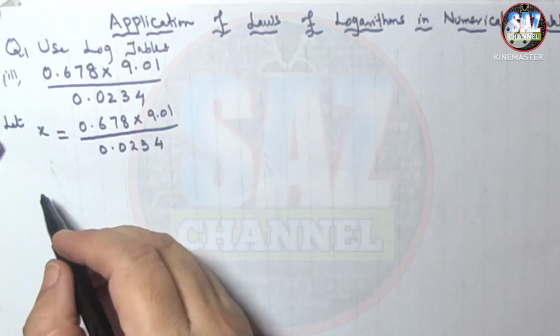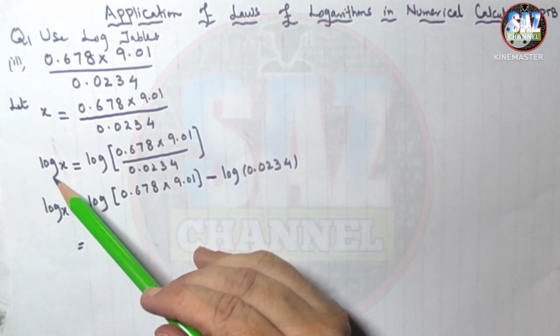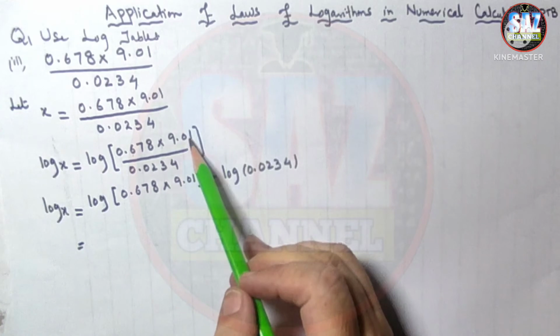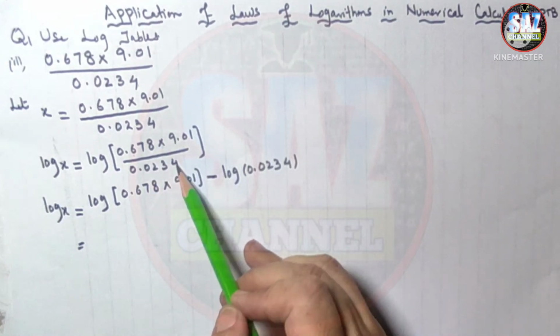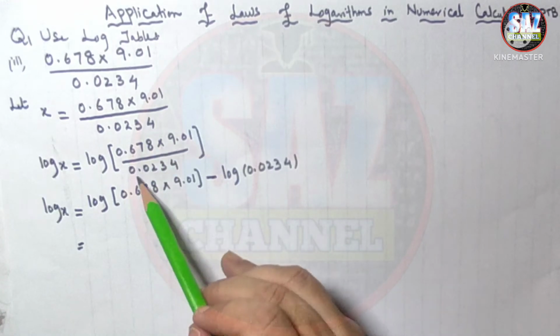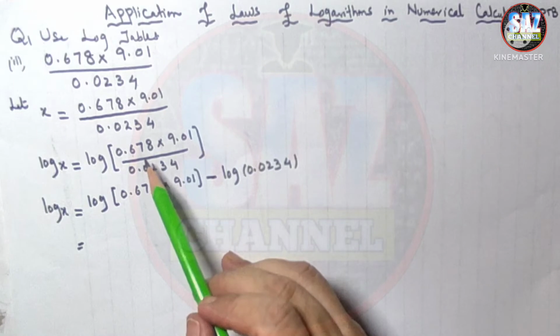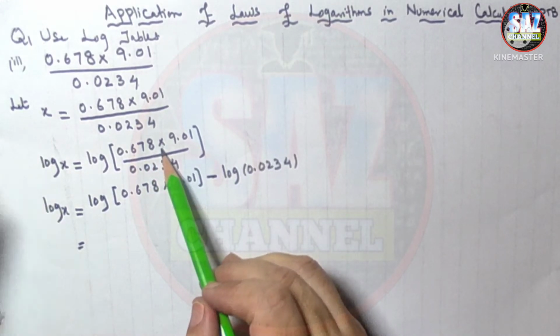Now we have to take log on both sides. Log of 0.678 multiplied by 9.01 upon 0.0234. Then the question is in the form of a fraction, so we have to apply the properties of log, or laws of logarithm.